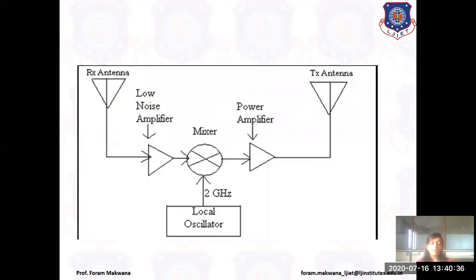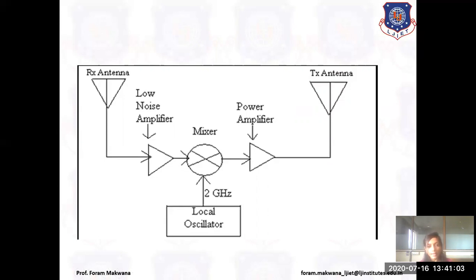Now, there are actually two types of transponder: single conversion and double conversion. Now, what do you mean by single conversion? Single conversion means there is only one mixer and one LO, that means local oscillator. The frequency can be either up converted or down converted.